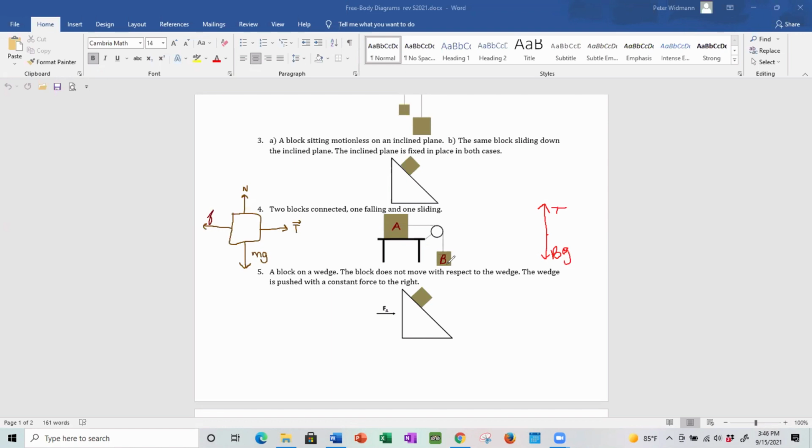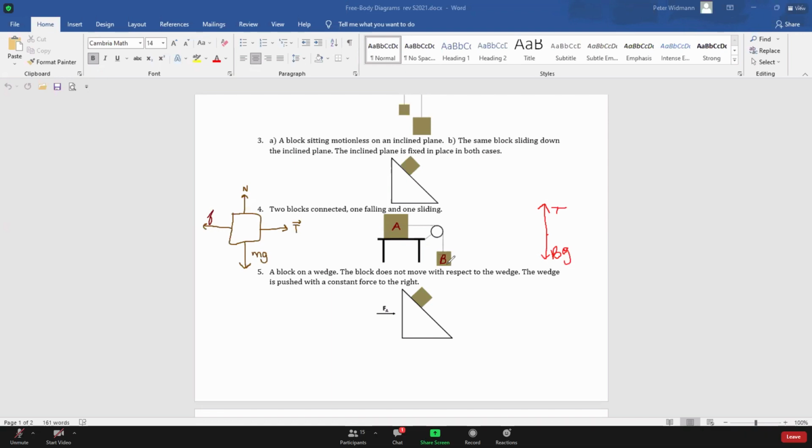That's good. Is there anything else, Daniel? He's typing. He said air resistance considered friction, and then I think that's it. Yeah, we're not going to include air resistance, and so you're right. That's it.